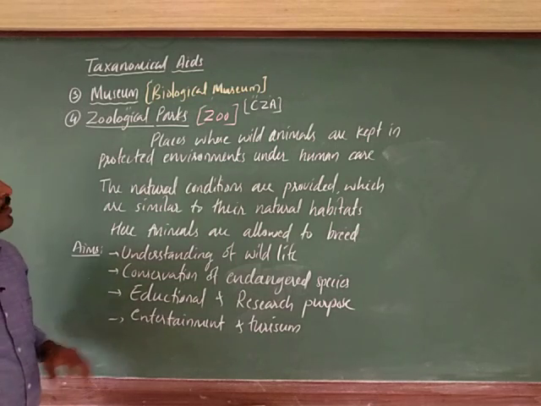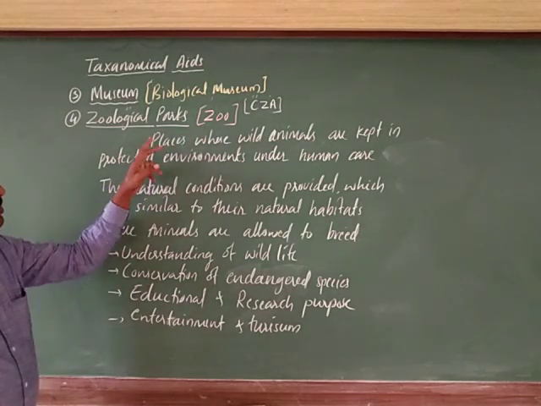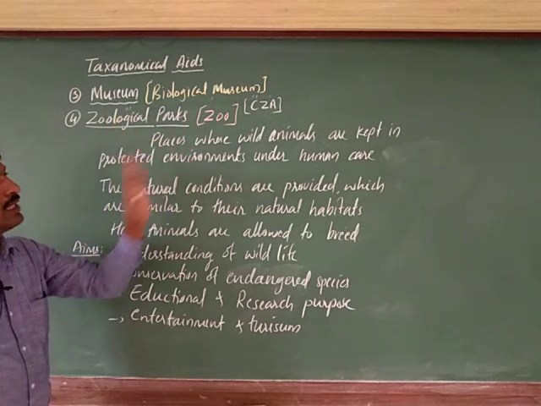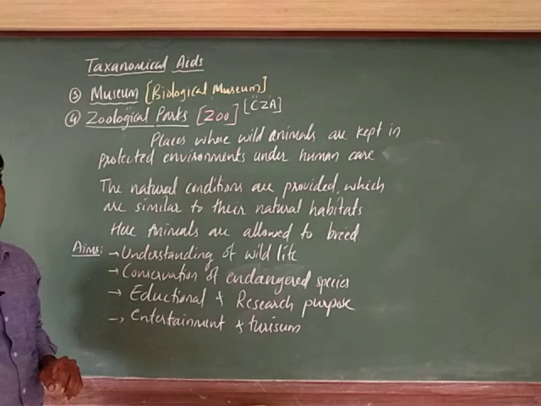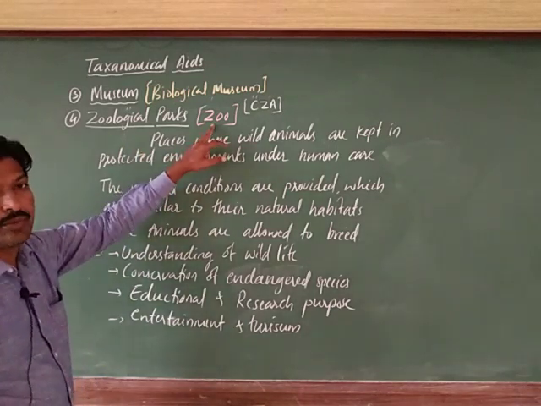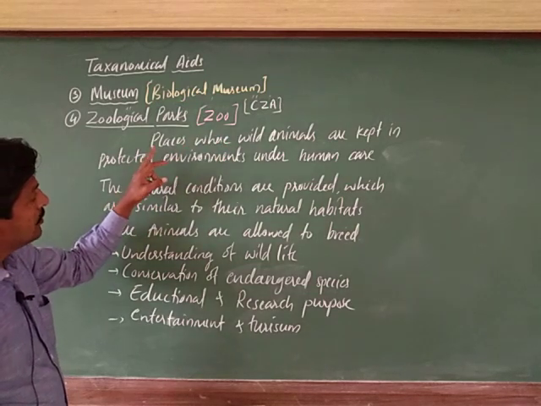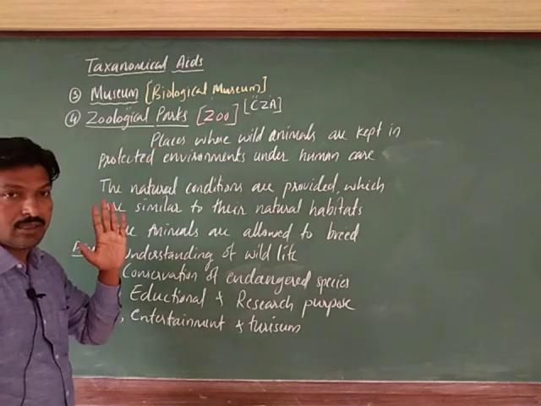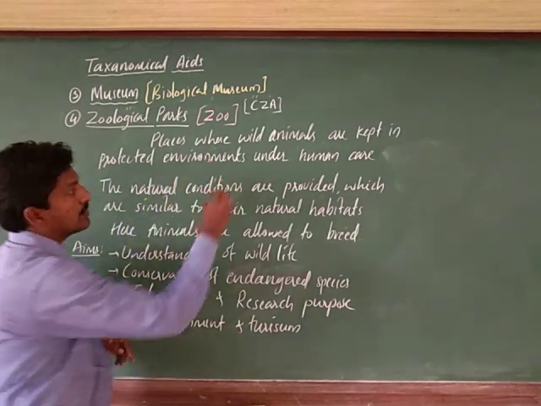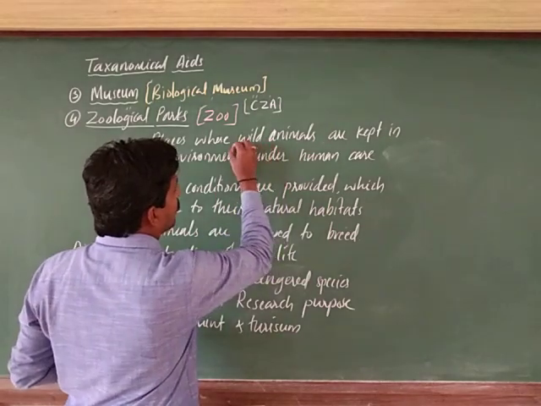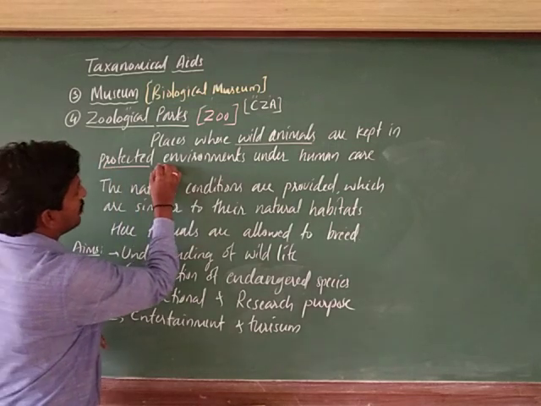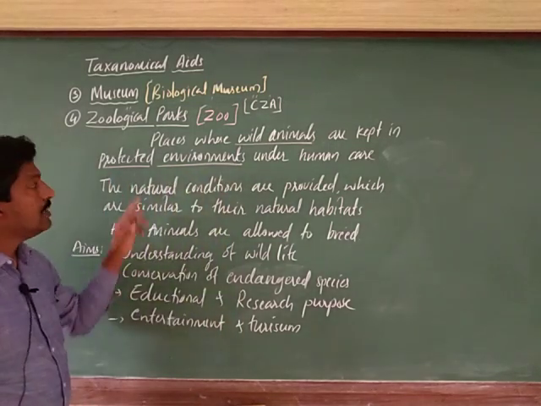As you know, zoological parks are sometimes also called zoological gardens. We also refer to it as a zoological garden, commonly called zoo. These zoological parks or zoos are the places where wild animals are kept in a protected environment, very important, a protected environment.